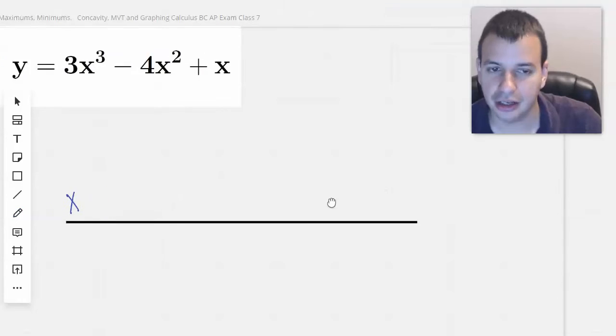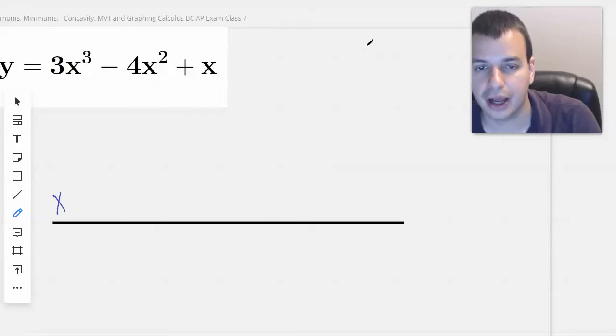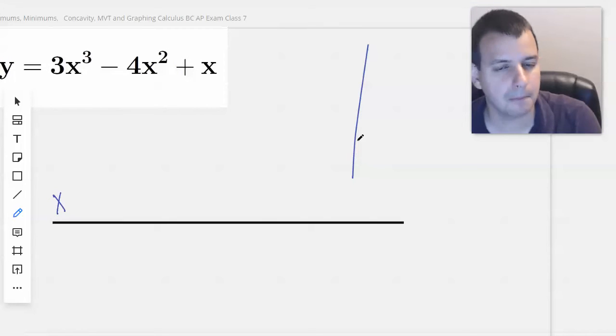And I'll draw little axes up here for our graph.